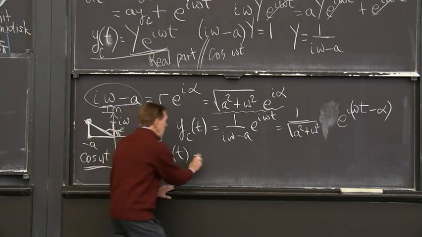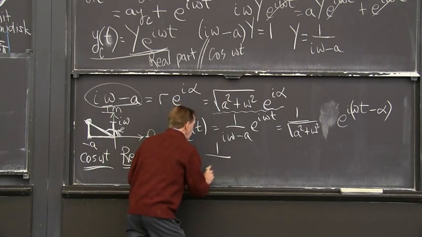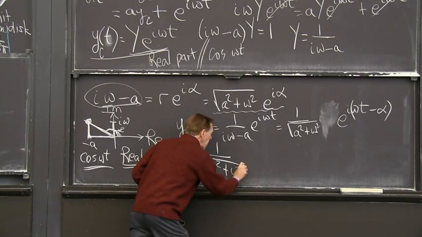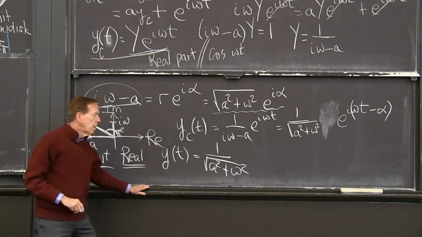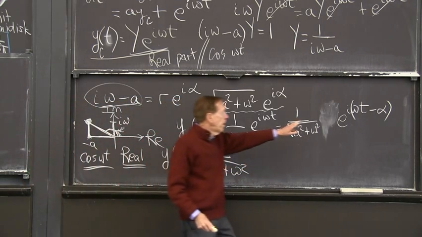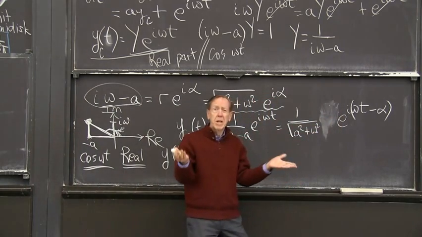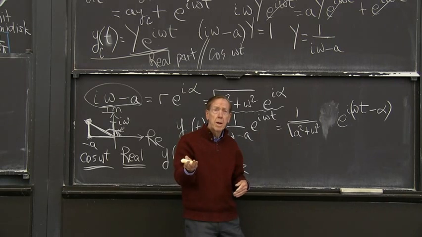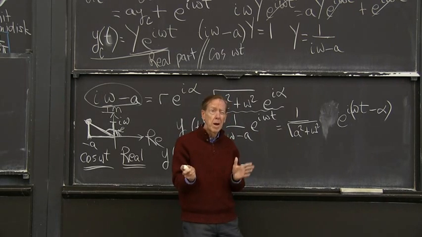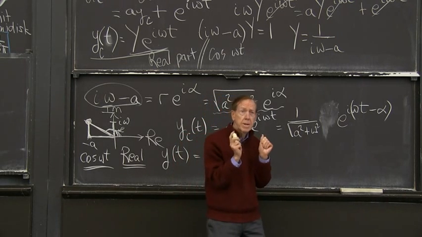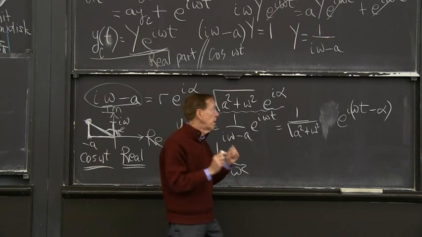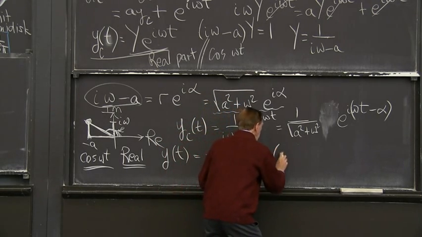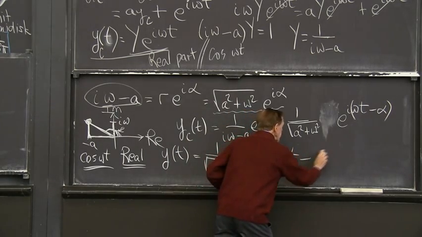Well, this is a real number, 1 over the square root of A squared plus omega squared. And what is the real part of e to the I times an angle? The real part of e to the I theta is the cosine of theta. We're using Euler, always using Euler. So it's just the cosine of omega t minus alpha.